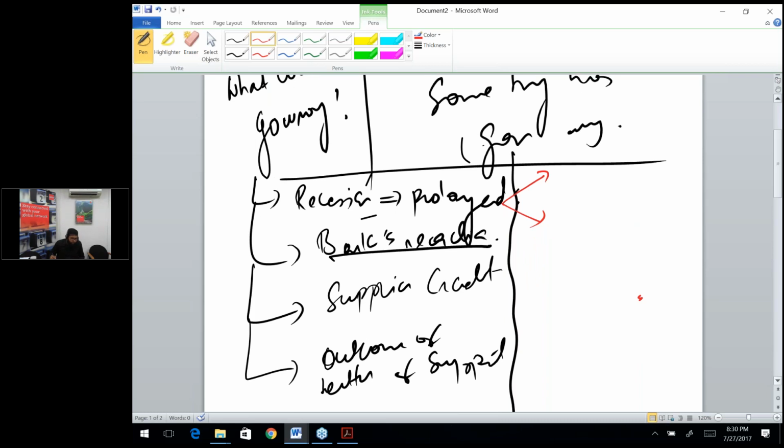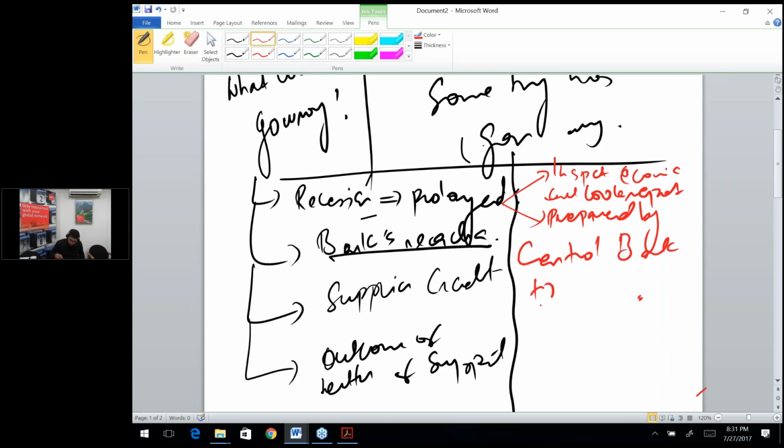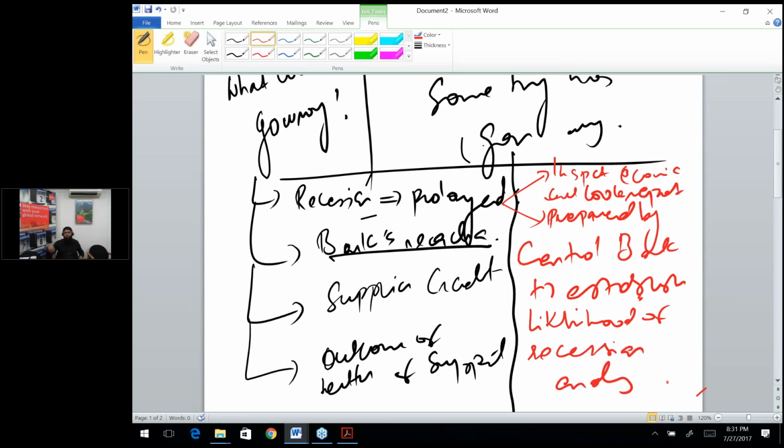You are simply going to obtain or inspect the economic outlook report prepared by the central bank to establish the likelihood of the recession ending. Because you see, you need to think what could go wrong, what could prevent the entity from being a going concern.